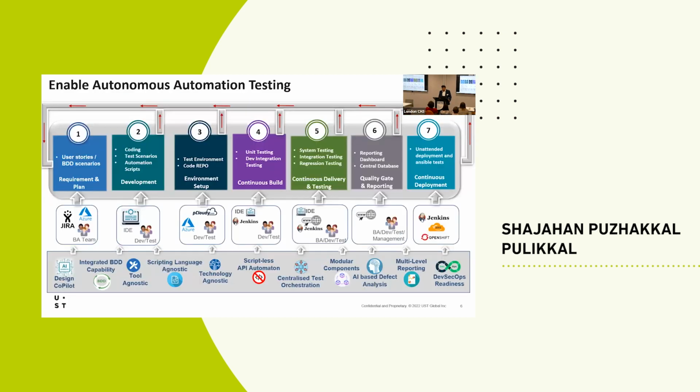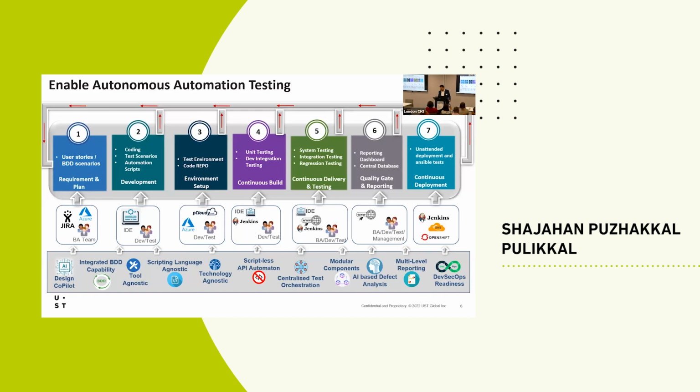So I quickly pass on to this slide because I need to go into a demonstration of something working on that. This is enabling the autonomous journey, with the same components we explained earlier, from 1 to 7, from the requirement to the final continuous test integration. In the early phase, we can utilize the Design CoPilot or generative AI to validate the requirements and user stories.